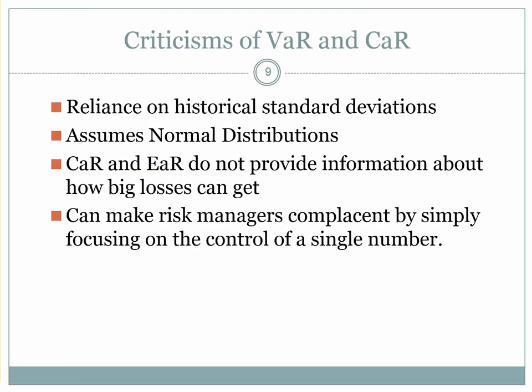Some people criticize VAR, CAR, and EAR because they rely on standard deviations. Whether implied volatilities or historical, they still have to be forecasted. Another criticism is the Z statistic, or the idea of why you have to assume everything is normally distributed. There's a reason why normal distributions are applied to physical phenomena like human height.